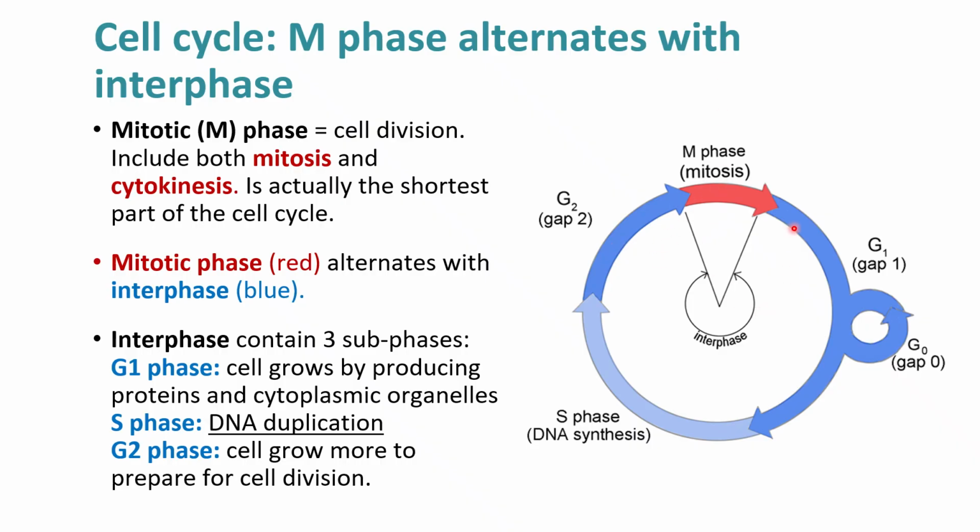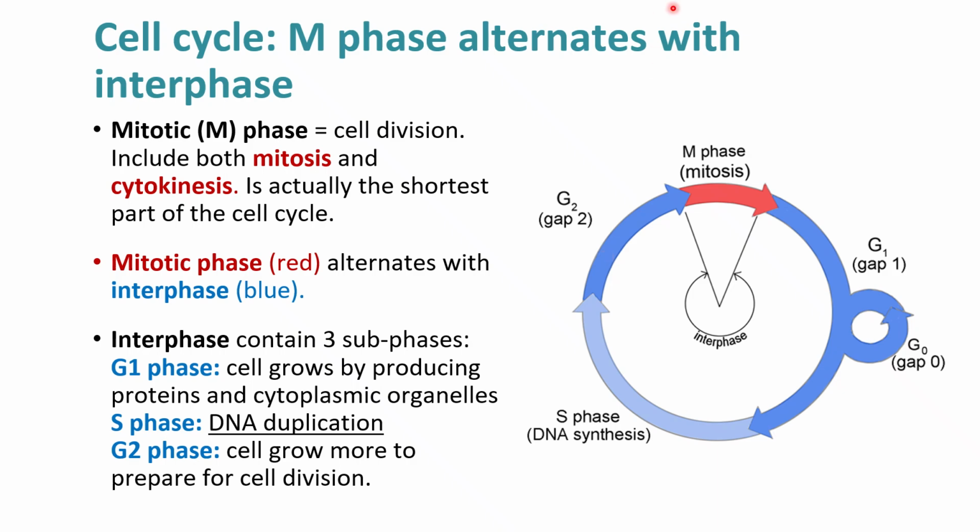We have the GAP1 or G1 phase, during which the cell is growing and producing proteins and cytoplasmic organelles. Then we go into the S phase, and that's when DNA synthesis occurs. Then we get into G2 or GAP2, and that's when the cell is growing just a little bit more to help it prepare for cell division.